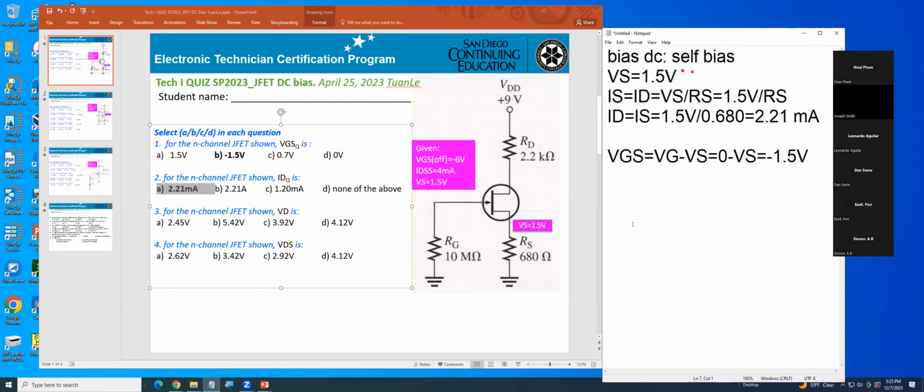VD equals VDD minus ID times RD. Okay, so what do we get?